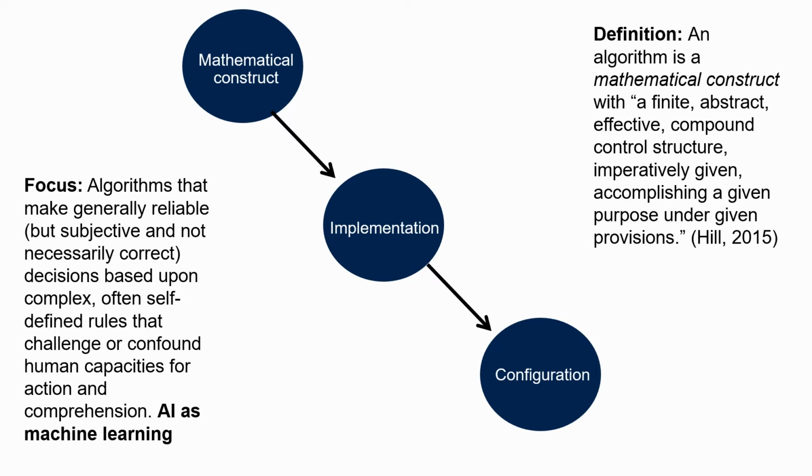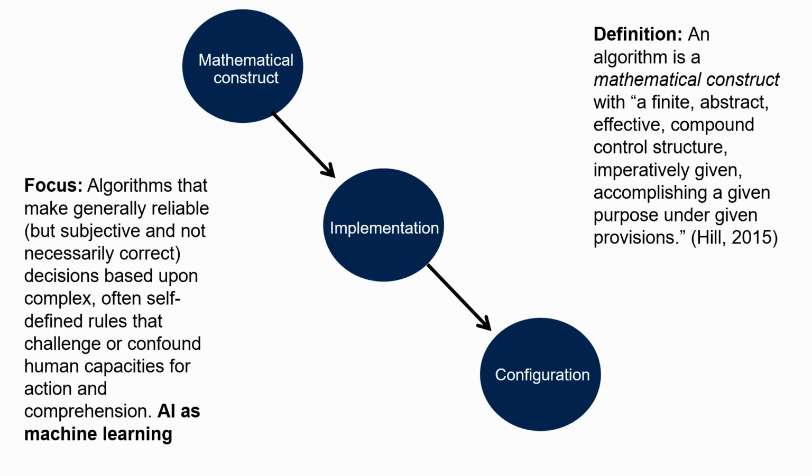First, they can be a mathematical construct, so literally the formula, the abstract version of the algorithm. We can also talk about algorithms in terms of their implementation in a particular software package. So this is when they start to become a thing, not a tangible thing necessarily, but at the very least they're implemented for a purpose.